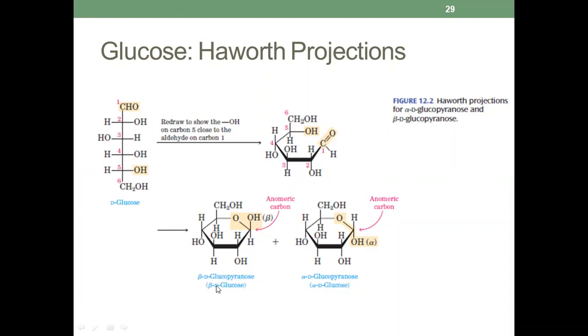Okay, the first one is the beta D-glucose. It's still a D-glucose in a cyclic structure. The other one is also a glucose in a cyclic form, but the first one is called beta. Okay, when you have this position, it's oriented up.